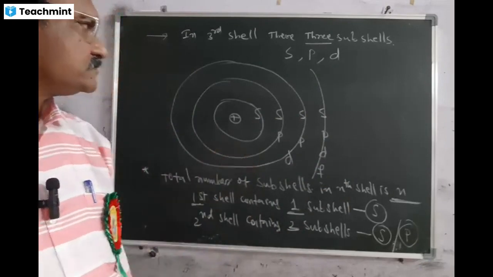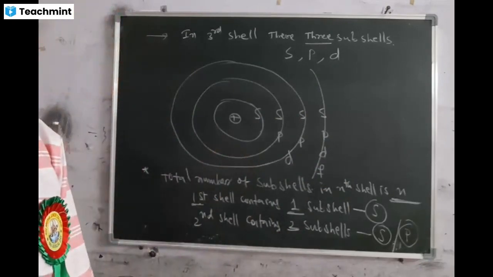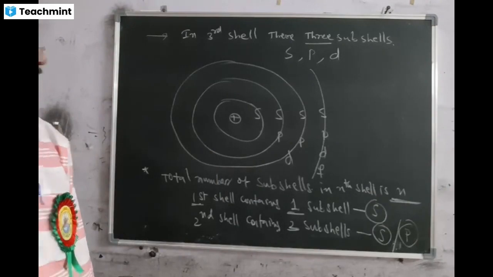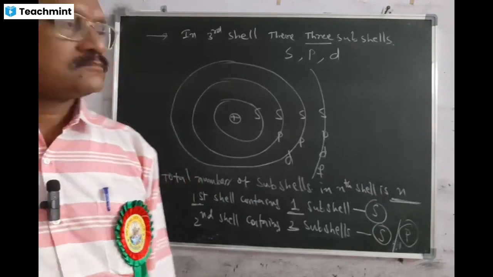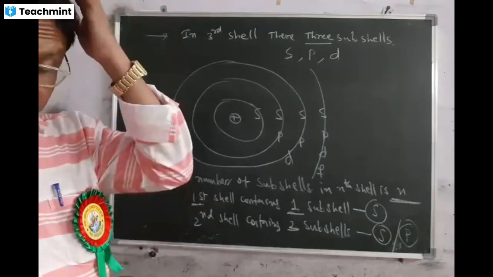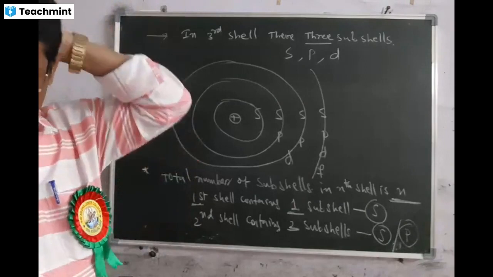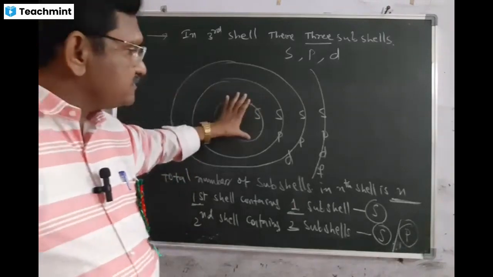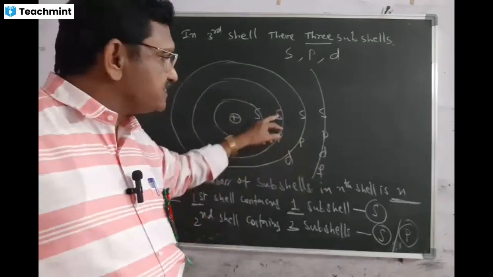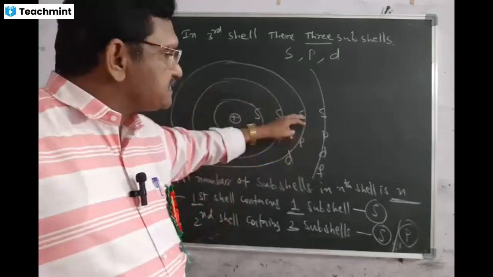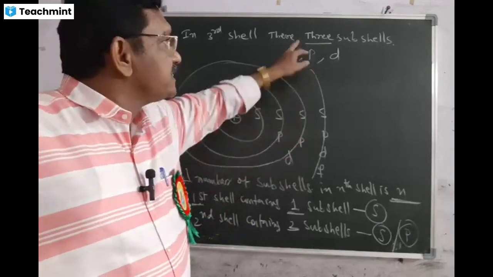You draw this. That means the first shell has only one subshell, that is S. The second shell has two subshells, SP. The third shell has three subshells, SPD.